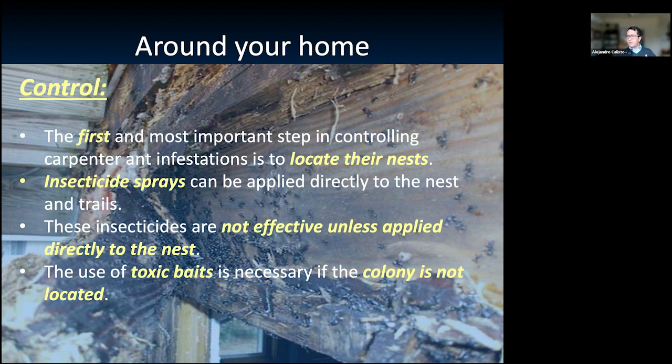As I mentioned, they're social insects. They communicate. They use chemical cues, so they mark those trails. So most likely, if they're coming in your house, they're looking for food, they're marking the trail, and then you can follow the trail. It's a little bit like doing some kind of wildlife biology work. Just follow that trail and locate the colony.